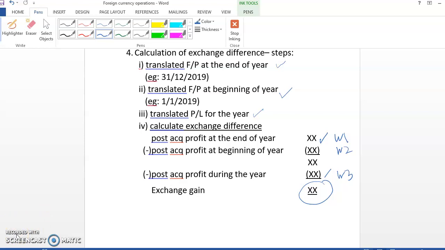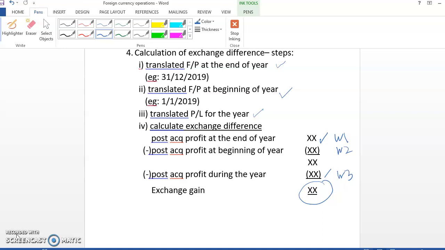And the question is actually from your example 4, 18.7. But example 4 is translated from foreign to functional.